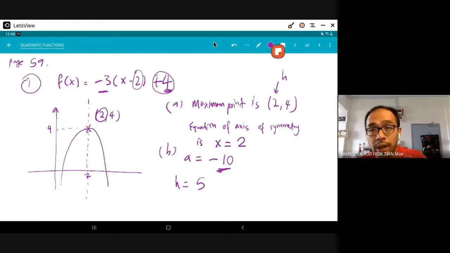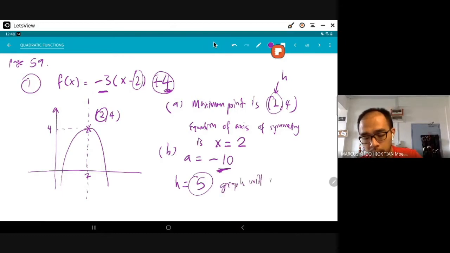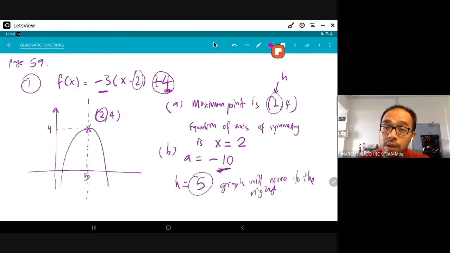And since our H is going from 2 to 5, it is going to go to the right. So the graph will move to the right. Instead of 2, it will become 5. If it is larger than 2, it will move to the right. If it's smaller than 2, then it will move to the left.